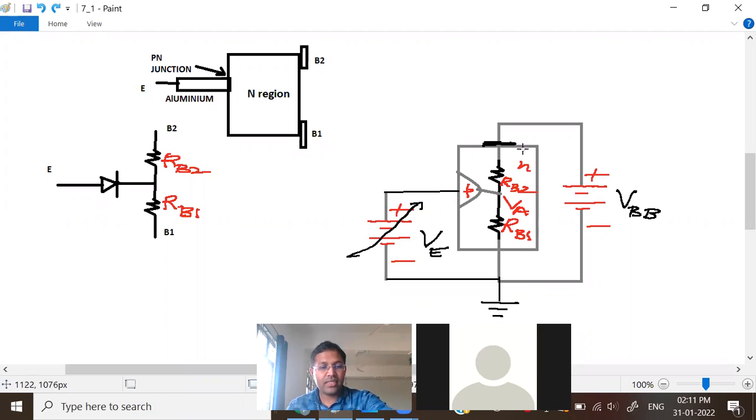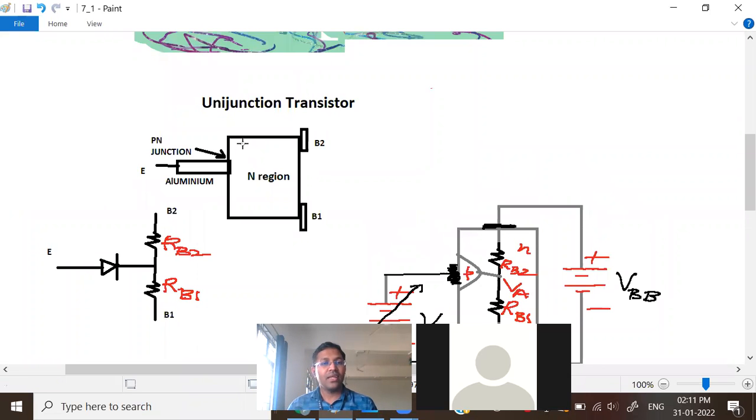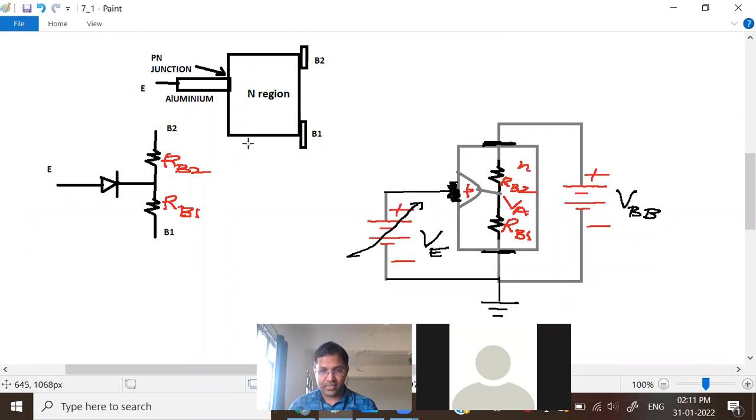Those metal contacts, let us represent like this, and also at the bottom. Any device has those metal contacts. So this is regarding the structure of the Uni Junction Transistor.